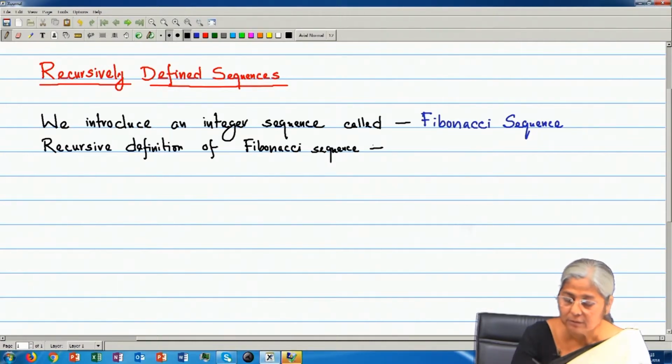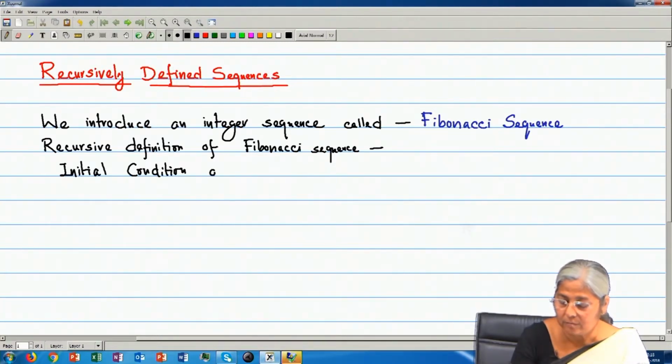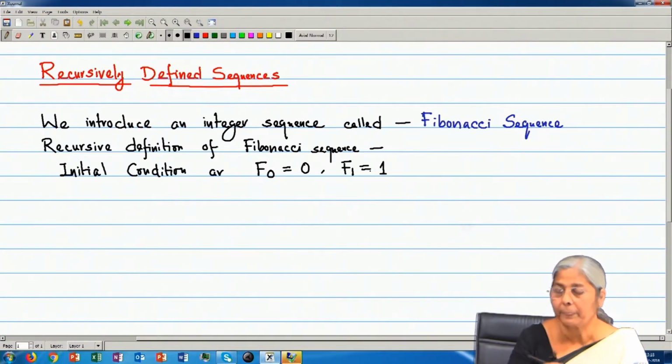The Fibonacci sequence has the initial conditions f0 equal to 0, f1 equal to 1, where f represents the Fibonacci sequence.